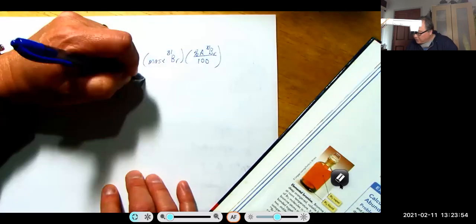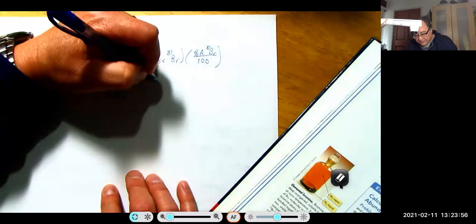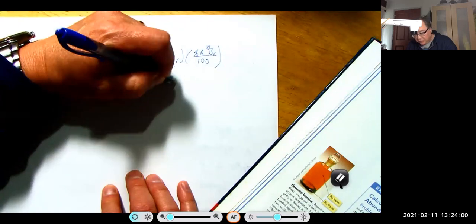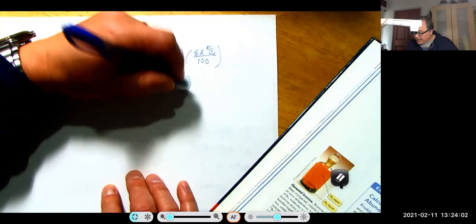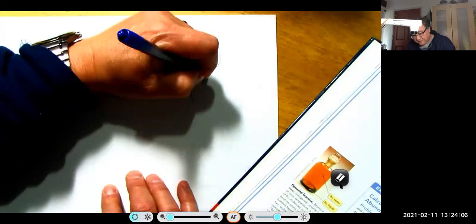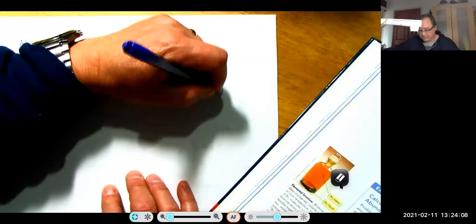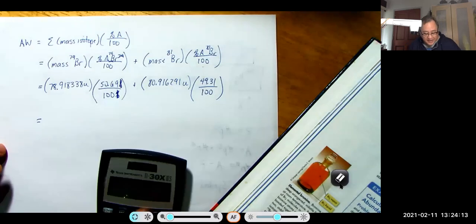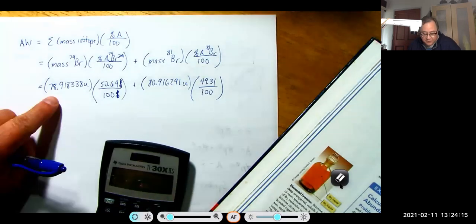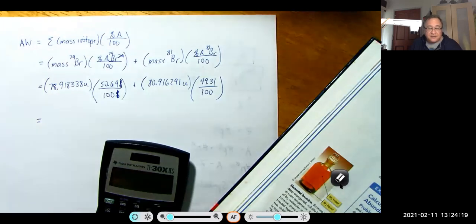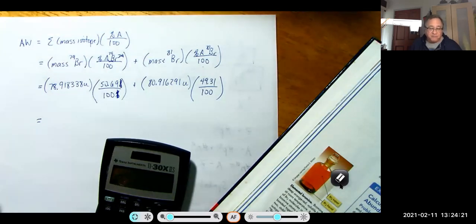And the mass of the other bromine is 80.916291 U, and it's 49.31 over 100. So you can see that we basically have 80 times 50 over 100. So the answer for the first part should be half of 79, which is about 40, right?